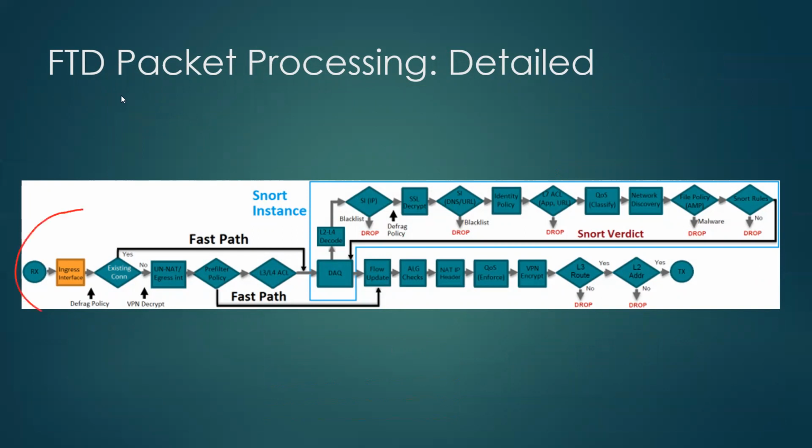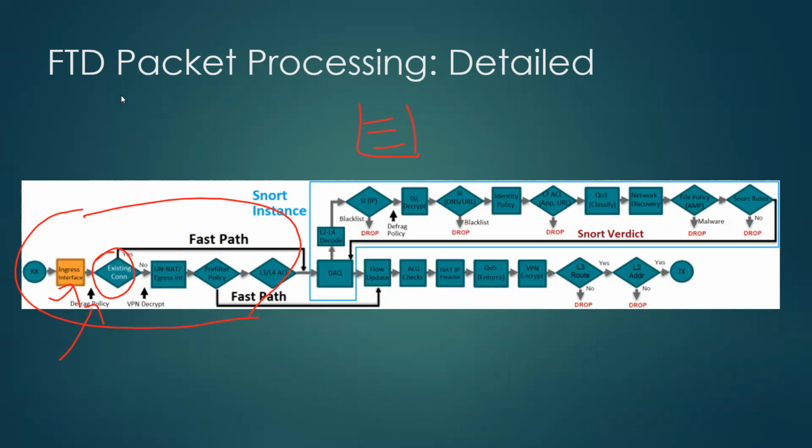Here you can see that the packet that is ingressing goes through different types of checks. First, the ingress interface. Then the existing connection: it will obviously check the connection table. The ASA firewall will check whether this packet is new or whether we already have a flow for this particular packet.